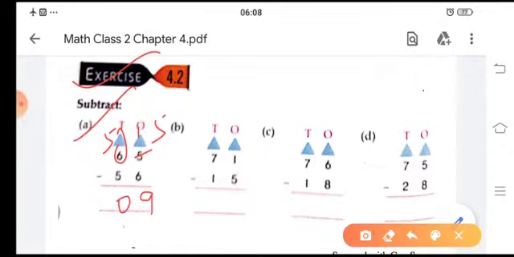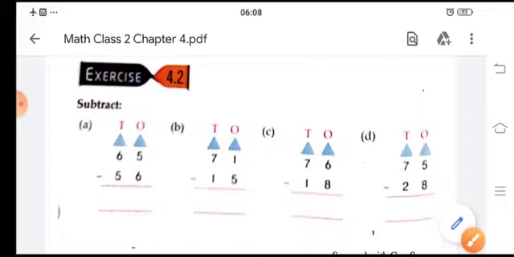So we'll get a total of 9. Again 1 minus 5 is not possible, so we take 1 from here and it becomes 11. 11 minus 5 is 6. Here 6, 6 minus 1 is 5. Okay, students, do all these sums according to the same method.